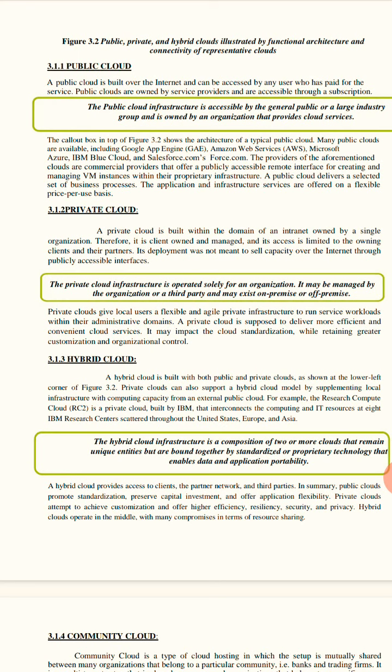For using hybrid cloud, it becomes cost efficient because private cloud is more costly. So hybrid cloud infrastructure is a composition of two or more clouds that remain unique entities but are bound together by a standardized or proprietary technology that enables data and application portability. A hybrid cloud is built with the public and private cloud.